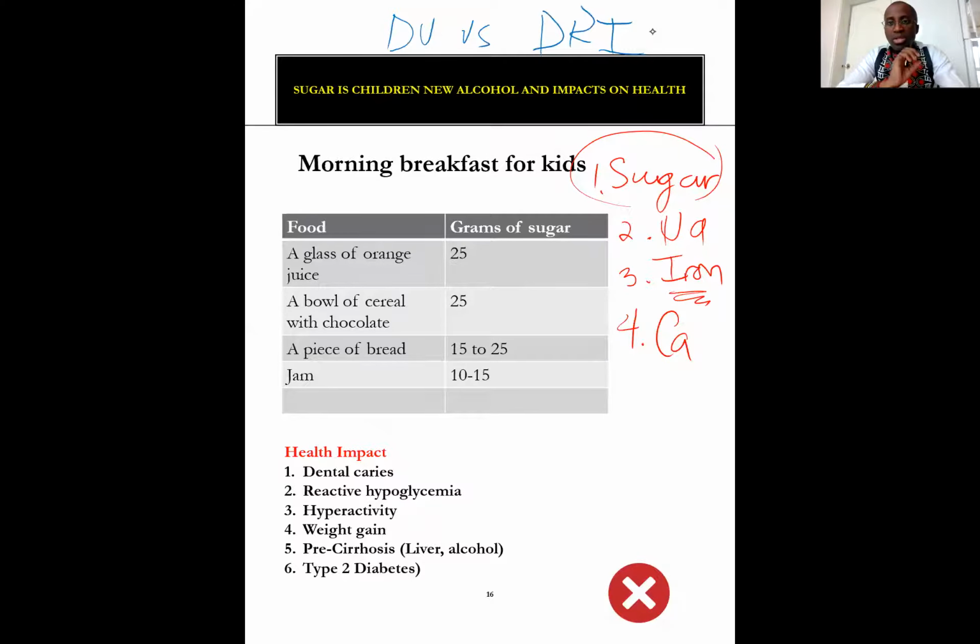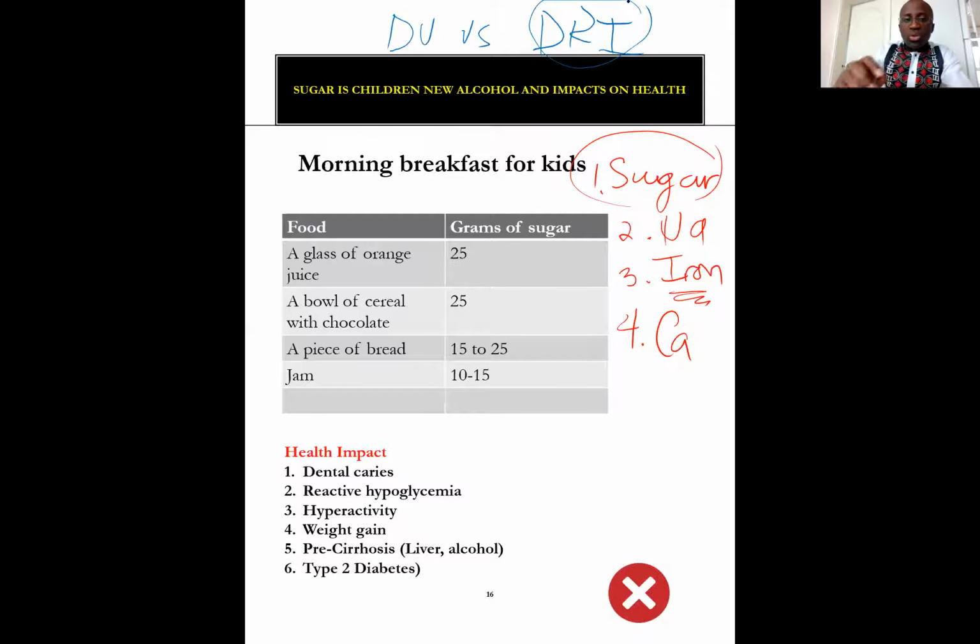So when we look at sugar on this table, we pay very close attention, for example, to children, and I would like you to understand this. For the dietary reference intake, for example, I look at the recommendation from the World Health Organization.